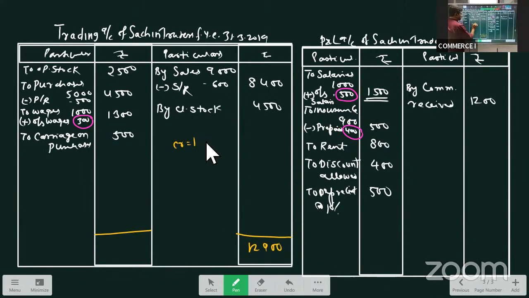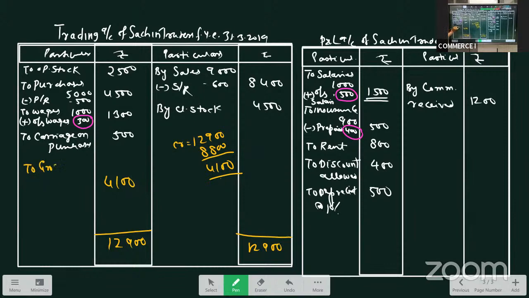Credit side total is 12,900. And what is the total on the debit side? 8,800. So gross profit is 4,100. This is our gross profit.